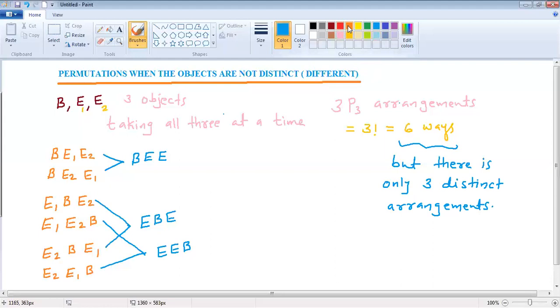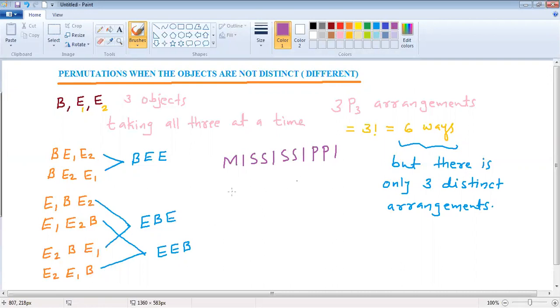Before telling the formula, I will show you one example. Just say Mississippi, MISSISSIPPI. There's a word Mississippi.